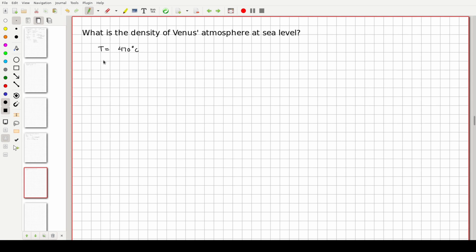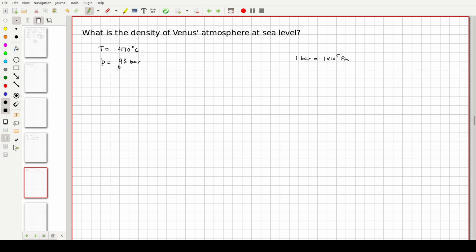The atmosphere of Venus is incredibly dense, so dense that the pressure at sea level is 93 bar. Now, a bar is another measurement for pressure. For reference, 1 bar is equal to 1 times 10 to the 5th pascals.